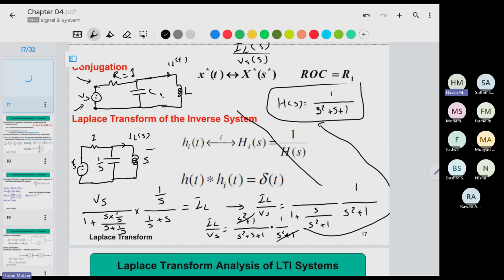Now find the answer for the input of a unit step. If I apply a unit step, what should I see at the output? We have this to multiply by 1 over s.